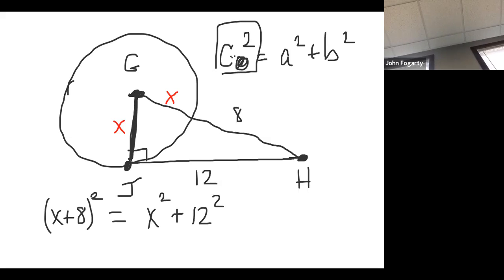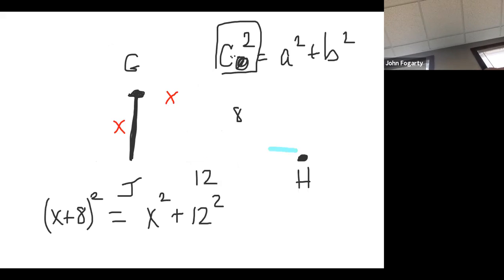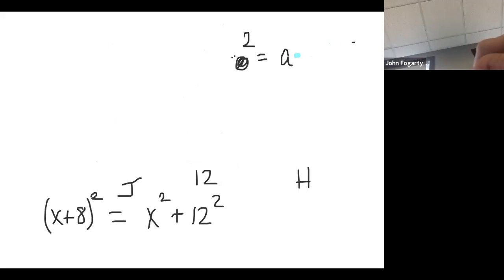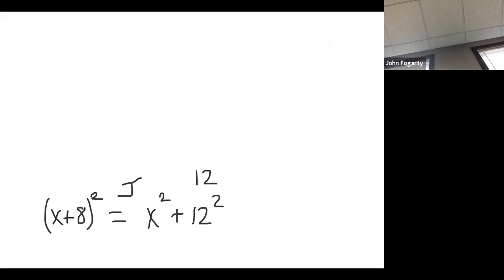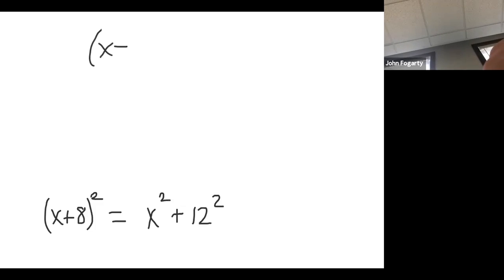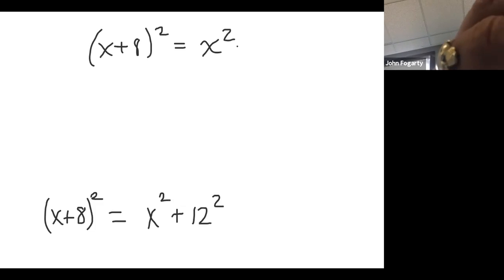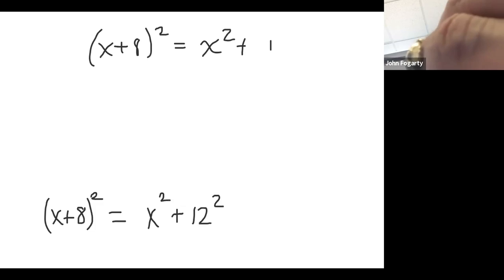Look how easy that was. Now, let me get rid of the picture, because now I'm done with the picture. Let me move this up to the top. So, x plus 8 squared equals x squared plus, what's 12 squared? 144, right?